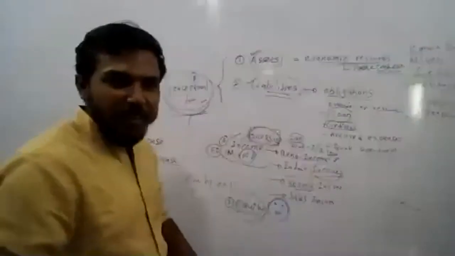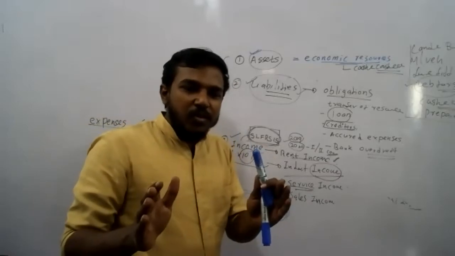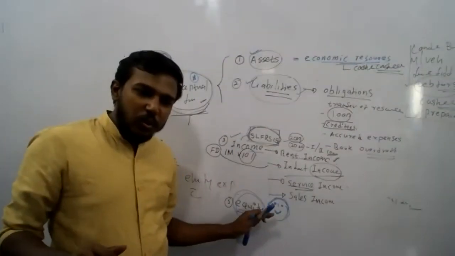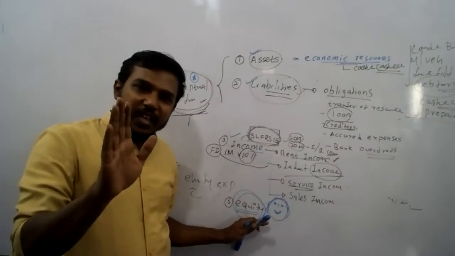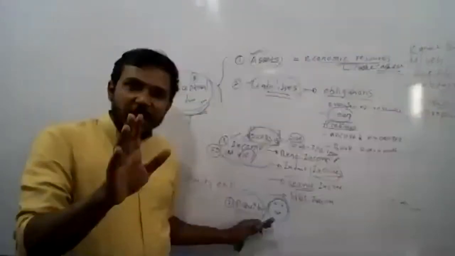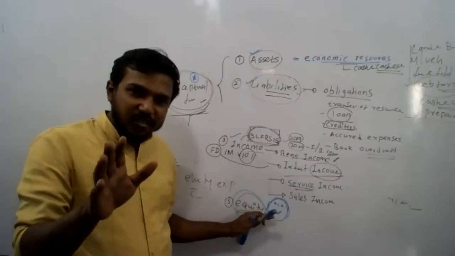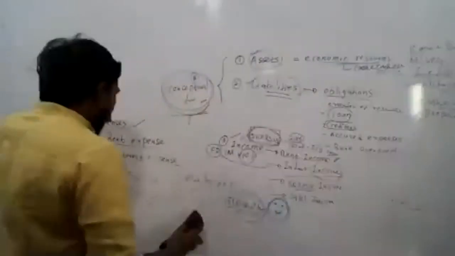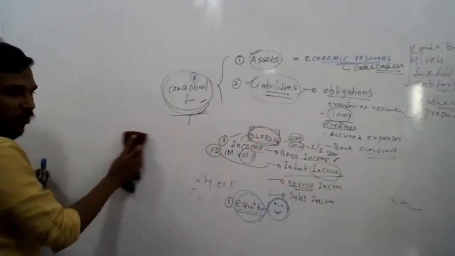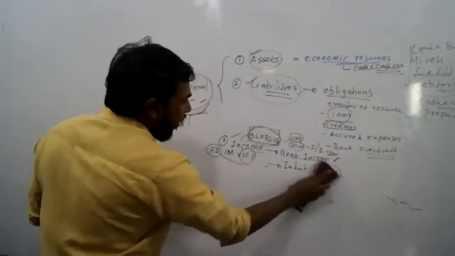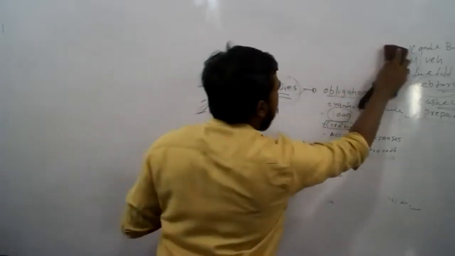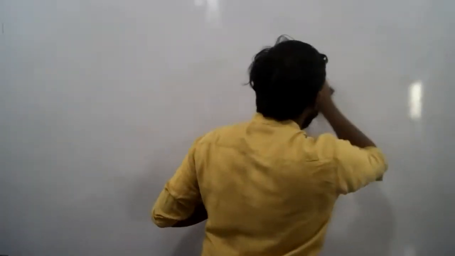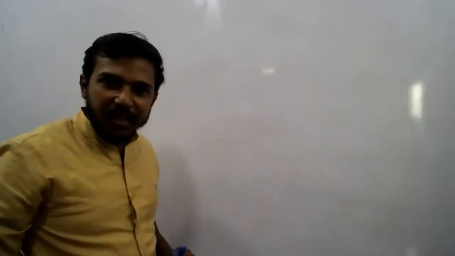So equity means the owner's representative always comes through the concept called equity. Equity shows the owner's contribution. Clear? So that's how it comes. So now we'll see what the relationship is between these 5 elements, right?